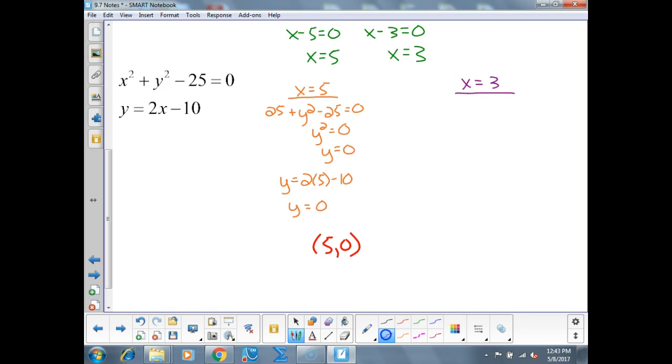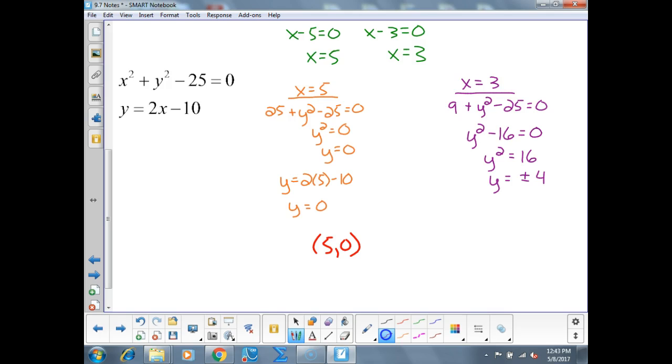Okay. Now let's do x equals 3. In my top equation, I get 9 plus y squared minus 25 equals 0. Which is y squared minus 16 equals 0, which is y squared equals 16, which is y is equal to plus or minus 4. Agree with that?